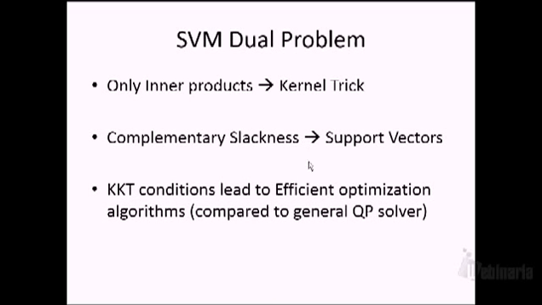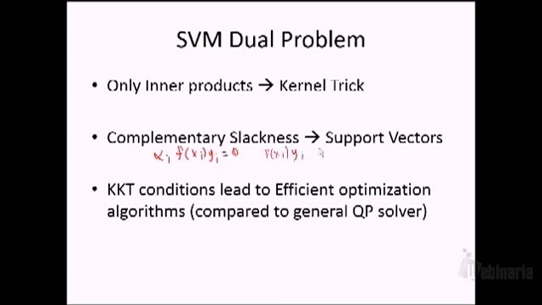Also, remember the complementary slackness condition for KKT means that alpha i times f of xi minus... yi is equal to 0, where f of xi is the application of the weights, basically W transpose xi plus b.